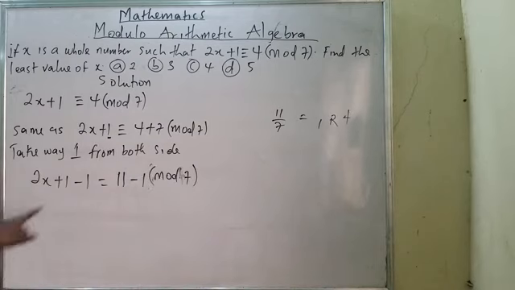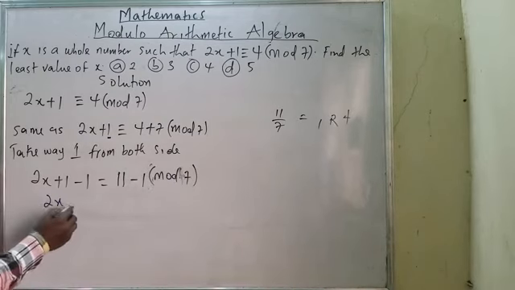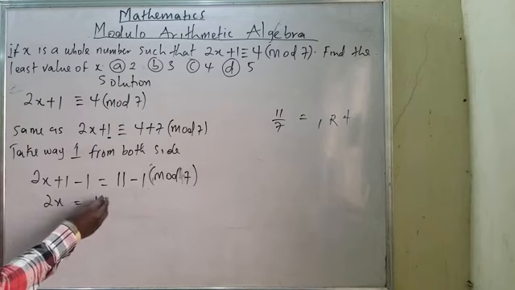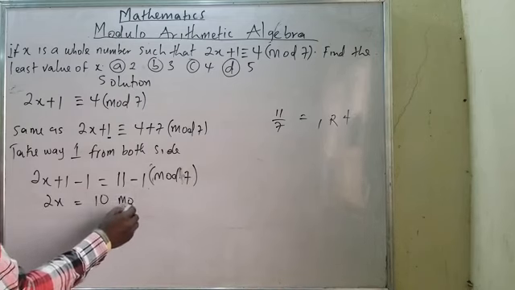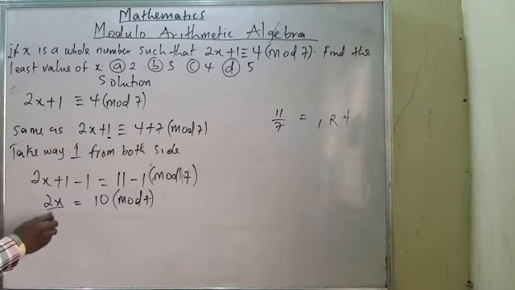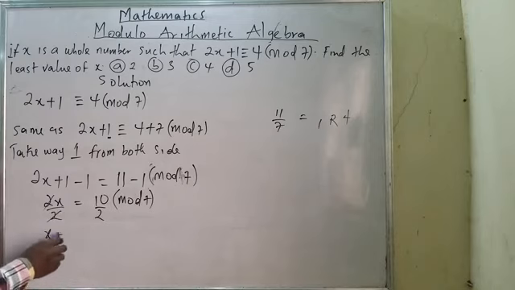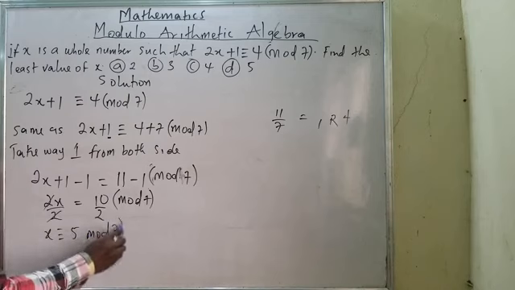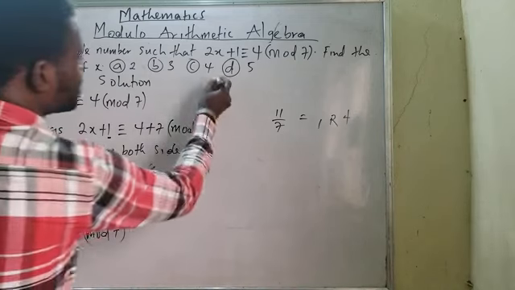This becomes 2x equals 10 mod 7. Now divide both sides by 2. 2 by 2, this cancels this. My x will be equivalent to 5 mod 7.